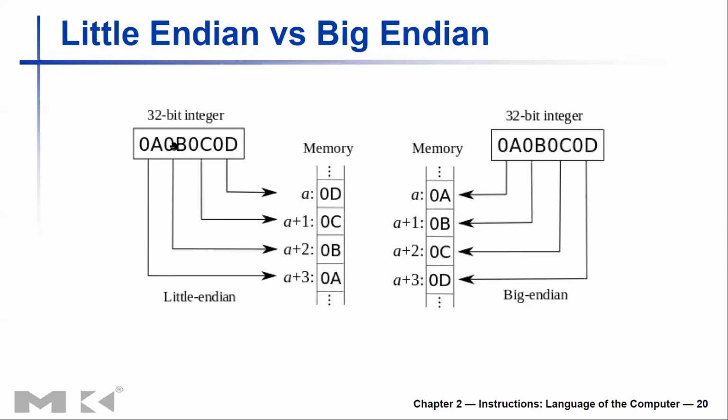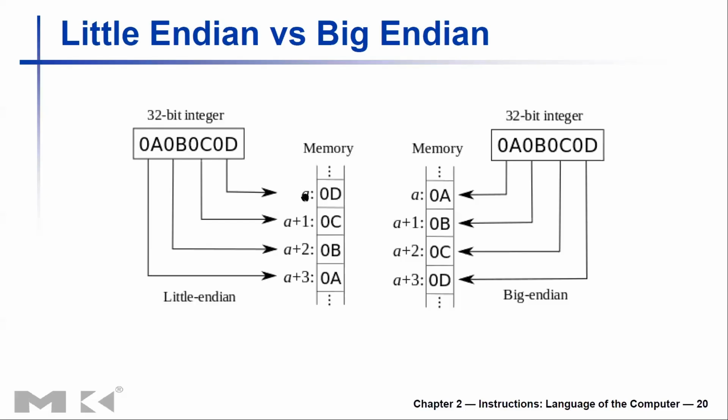Likewise, you can break this into bytes because this is written in hexadecimal notation. 1 hexadecimal digit is 4 bits. So for 1 byte, you need to take 2 hexadecimal digits to get 8 bits. Now, when you are going to store this in memory, with little endian notation, you store the least significant byte, that here in this example is 0D, in the least memory address.